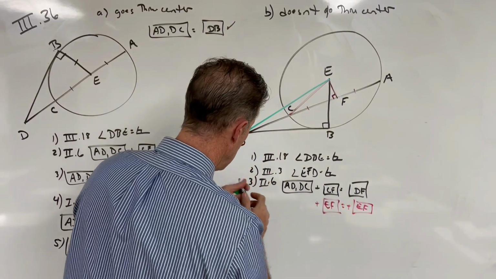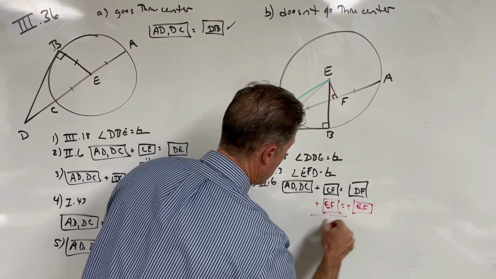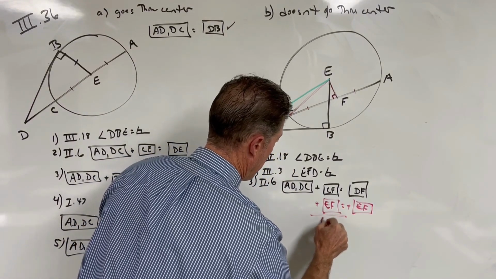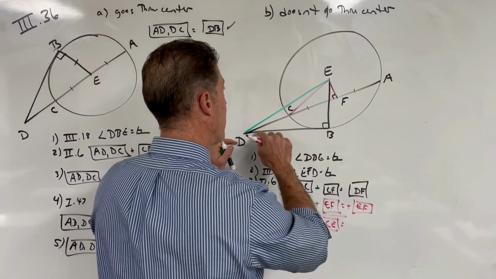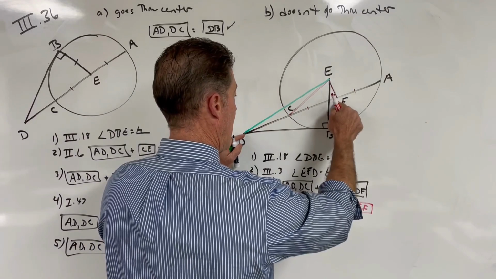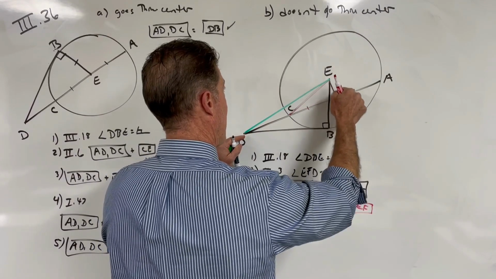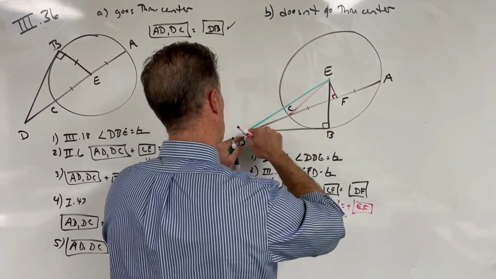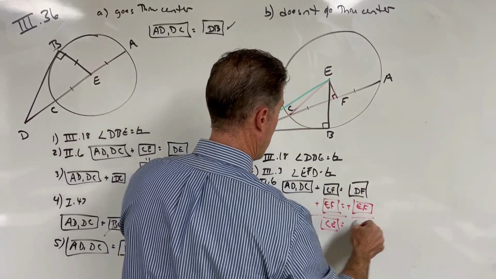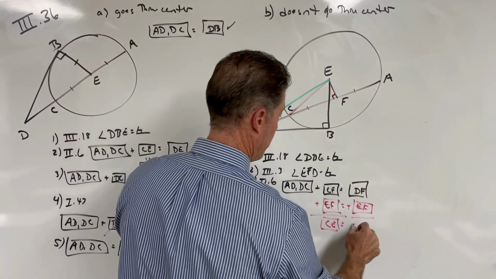So this is going to equal the square on CE. And DF, EF, that's the legs of this green right triangle, and that's going to equal the square on DE.